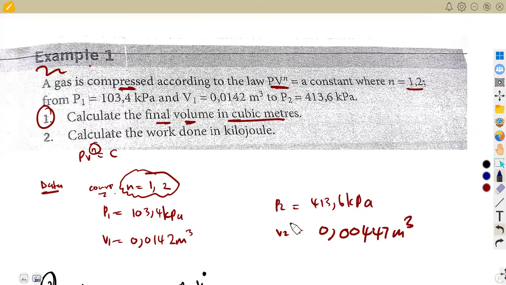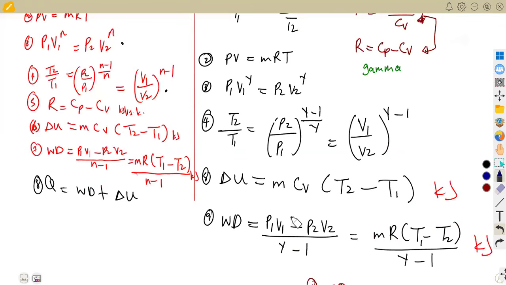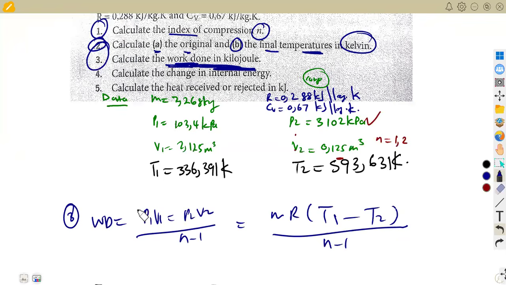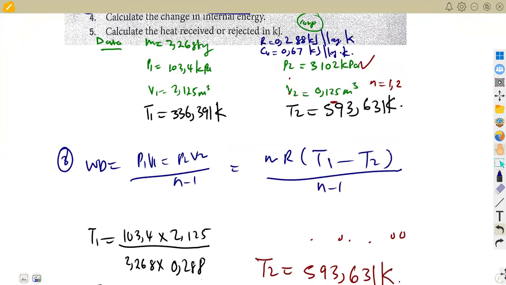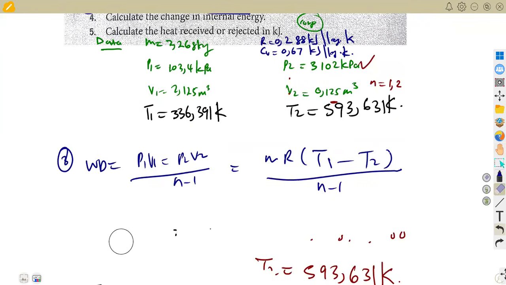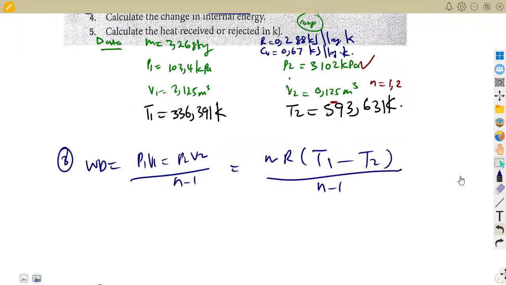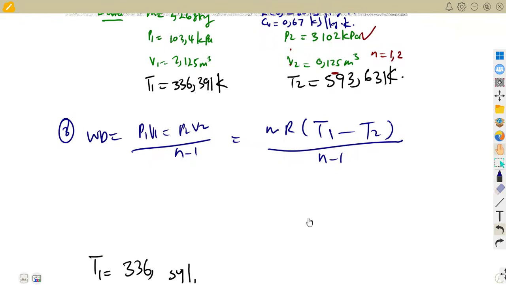If we are to check here for the work done under a polytropic, we're going to have this as T1 minus T2 this time. So that is what we have there. So meaning to say I can use any because I put the mass there. I just want you to take any one that you want. So as for me, I'm just going to work with the first one.